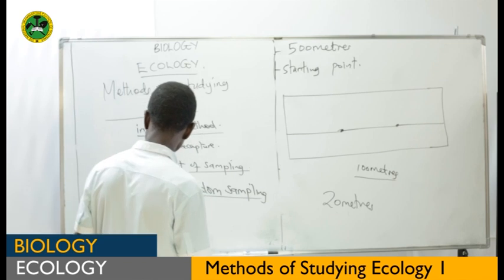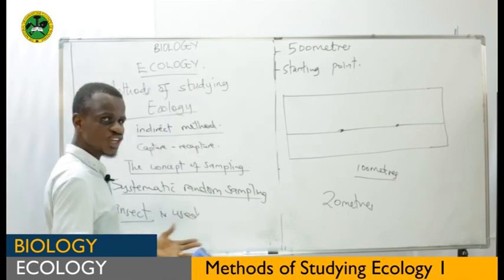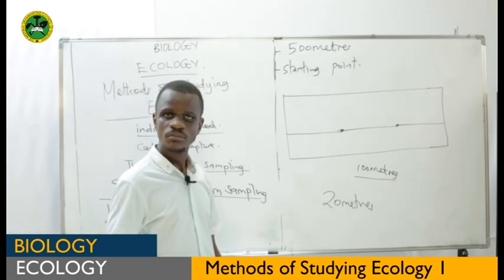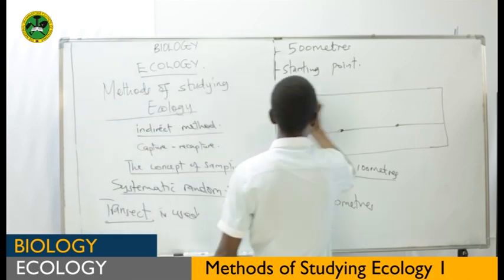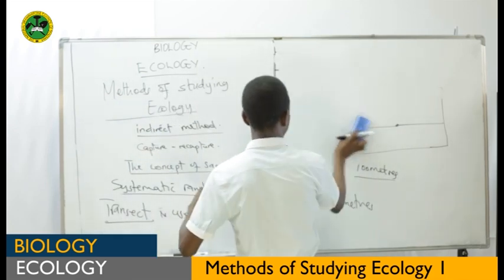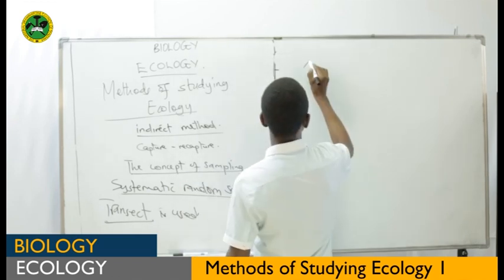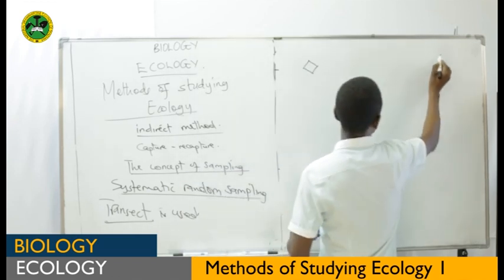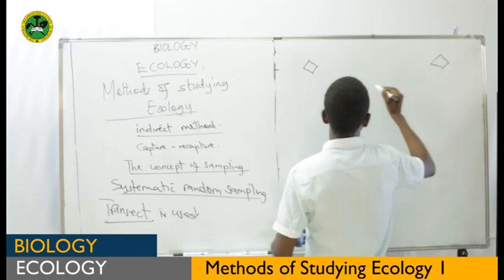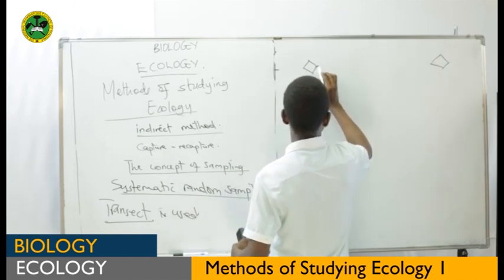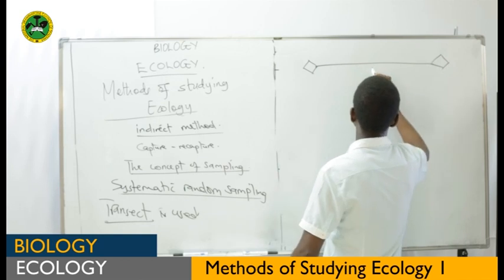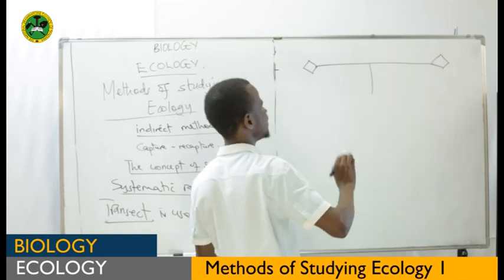A transect connects between 2 points. Here, my students, you find one point is here, you find the other point is here. Then a string may be placed here, but this one will have a specified distance.